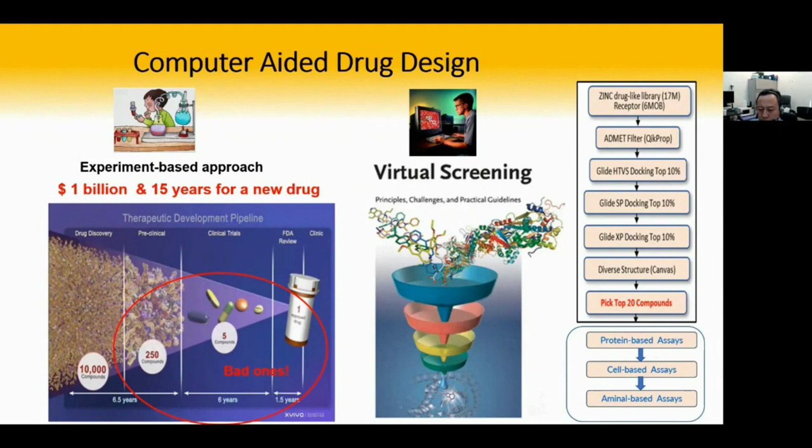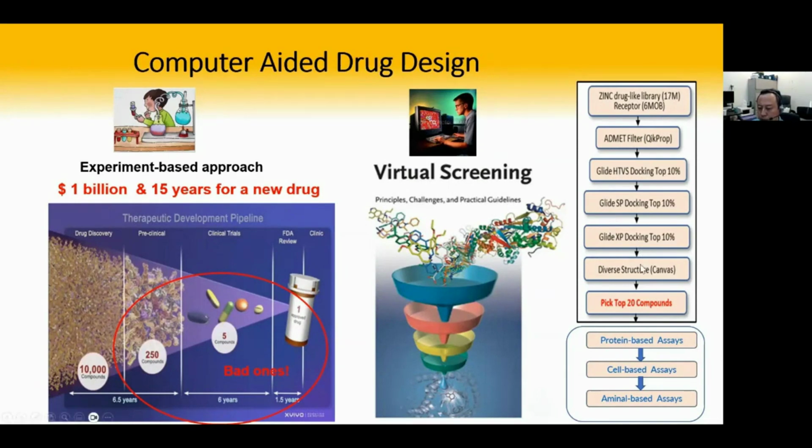So here I show you a workflow commonly used in drug discovery. We typically start from the drug target structure, and we have a library of compounds. In this case, it is 70 million compounds. And then we do some filtering based on predicted drug properties. And then we typically do the docking to get a docking score, docking the compound to the active site and ranking them.